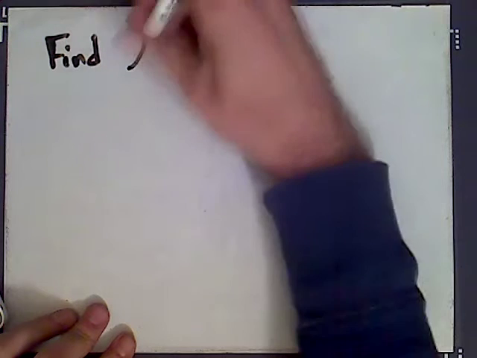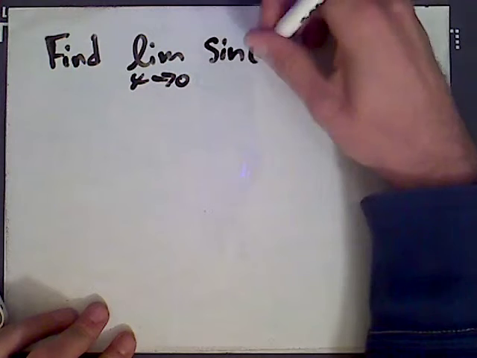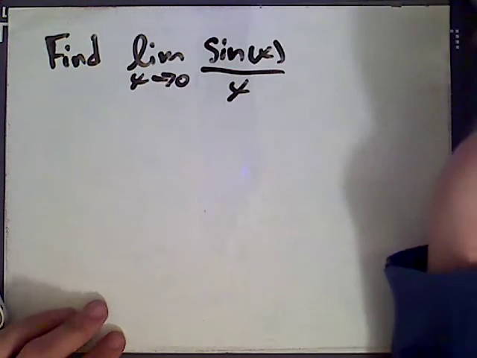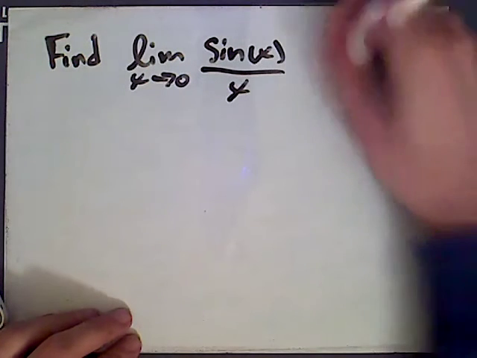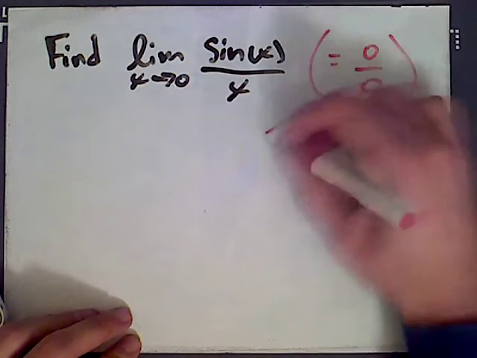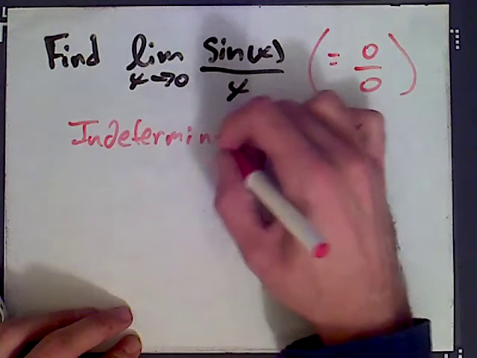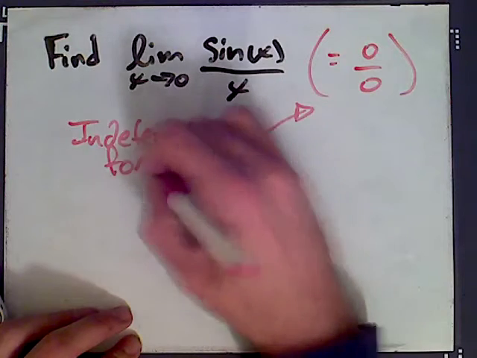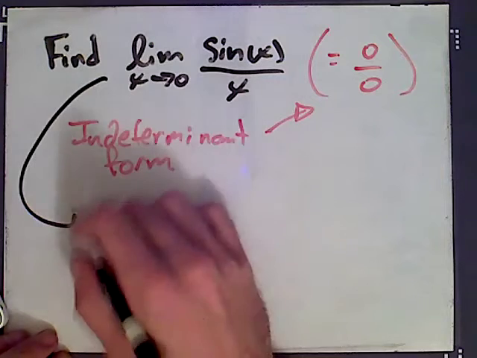Okay. So let's give an example. We'll use the examples we used earlier. So suppose we're asked to find the limit as x goes to 0 of sine of x divided by x. Okay, so again, as we saw, this is an indeterminate form. We get 0 over 0. So what we can do using L'Hopital's rule is the following.